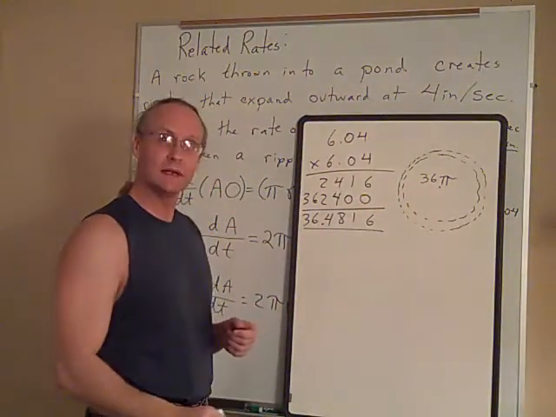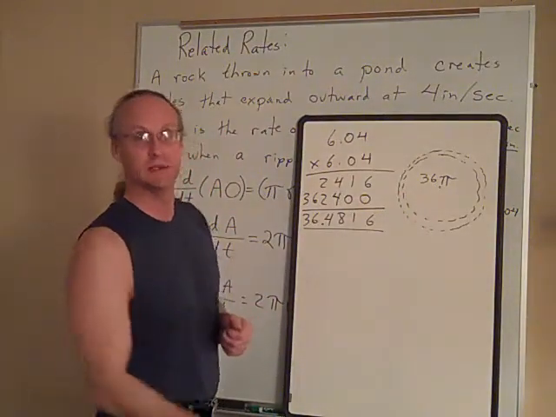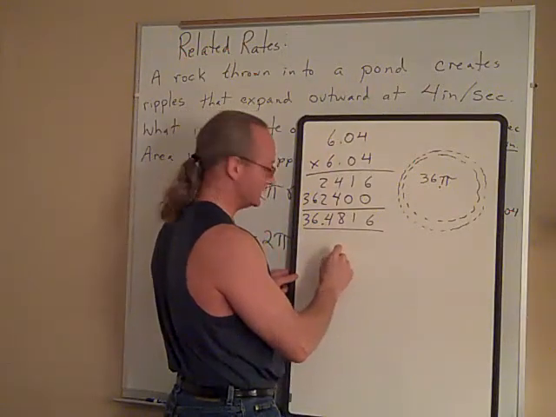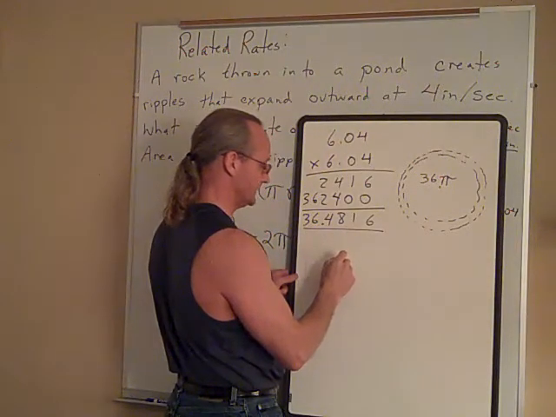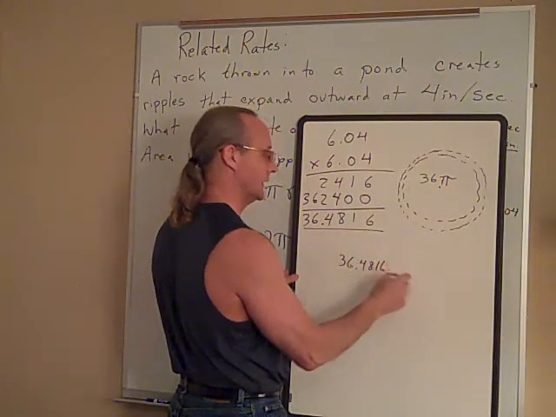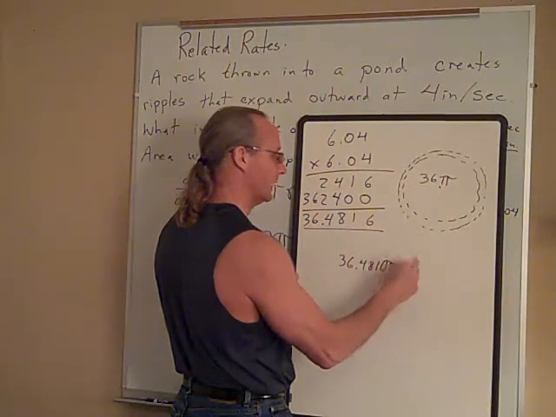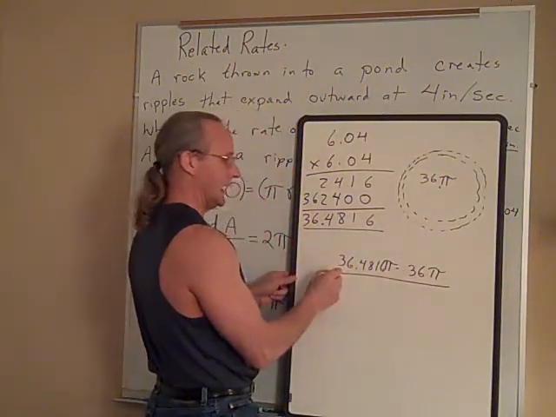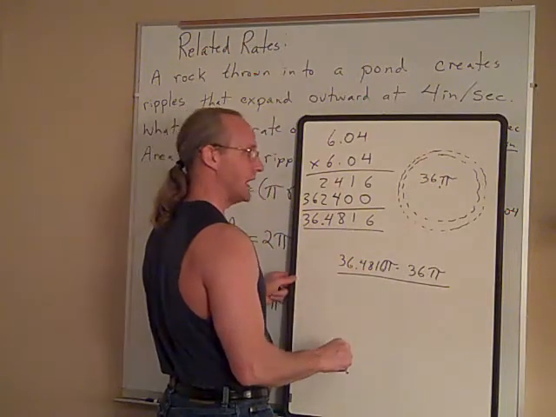So what we're actually going to do is take the rate of change. We're going to look at it arithmetically. I'm going to take the change in the area, which is 36.4816 pi minus 36 pi, divided by, now I'm going to look at my time.